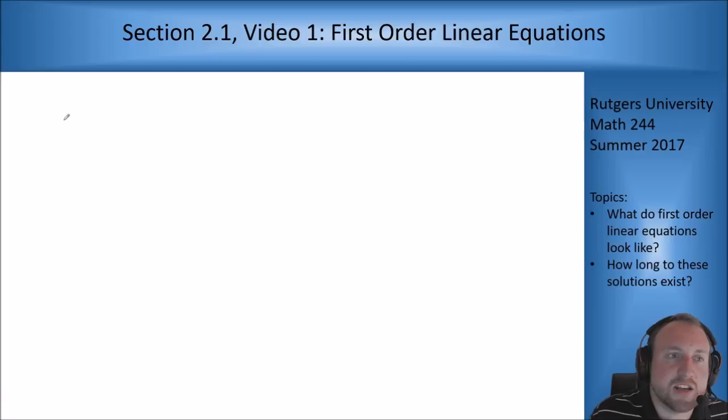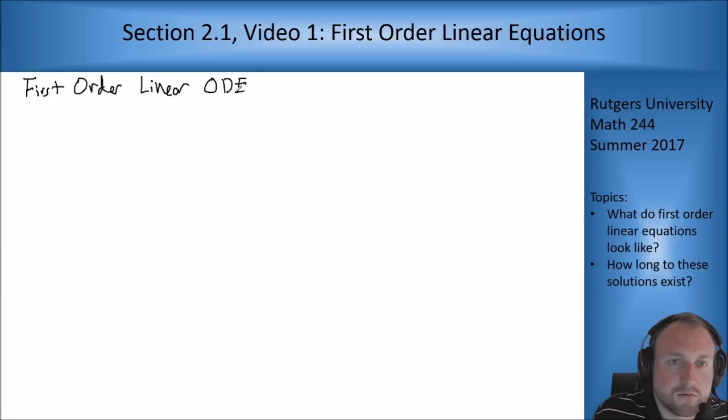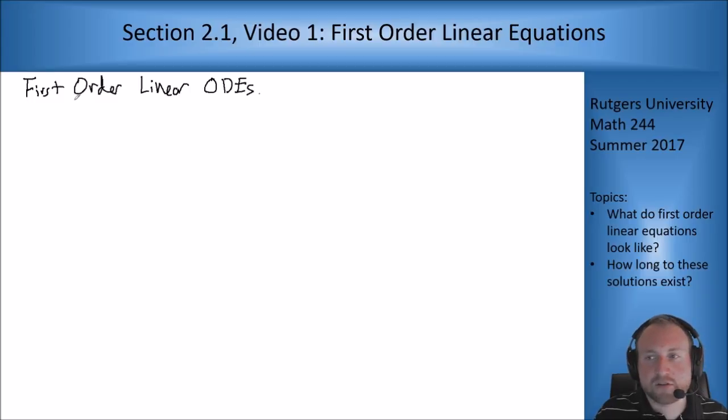So in this thing, we're talking about first-order linear equations, ODEs. Now, from what we talked about in one of the earlier videos, what this means is the highest derivative is only a first derivative, and the equation is linear in all of the y terms. So if you take those two things into account, the equation has a very, very specific form.